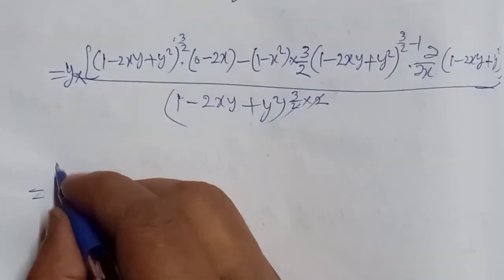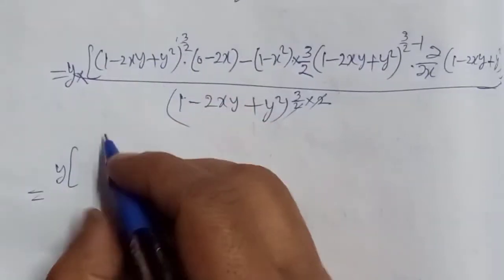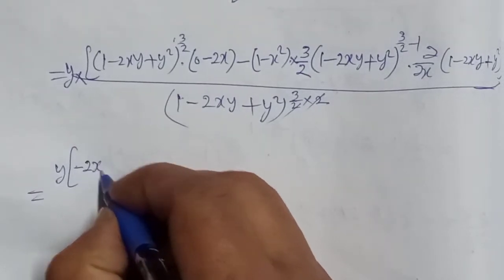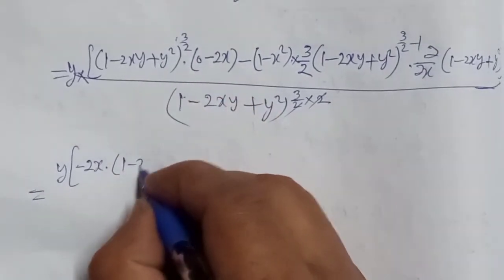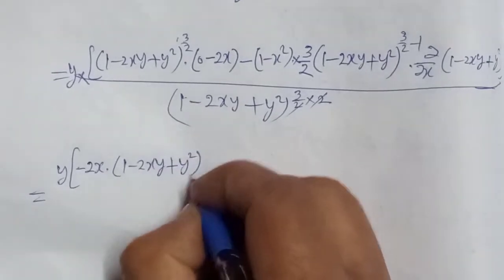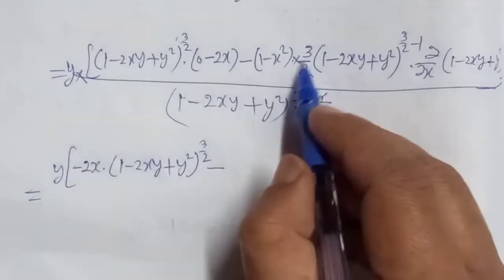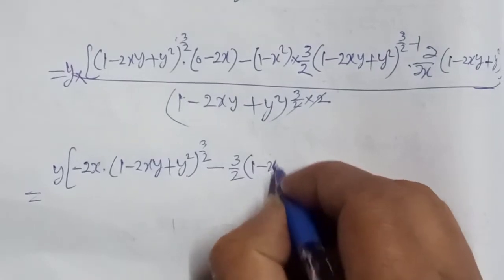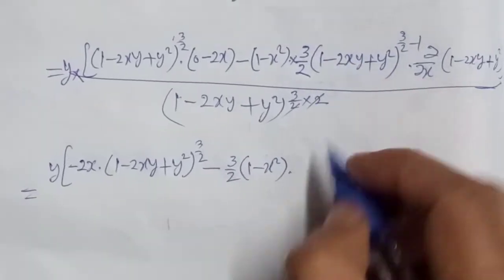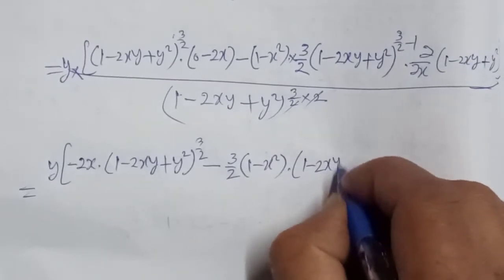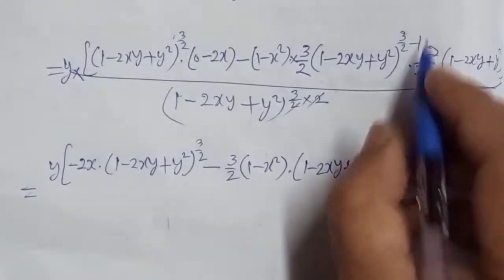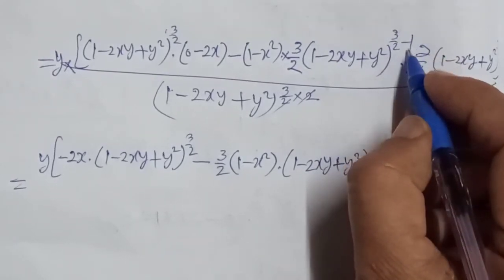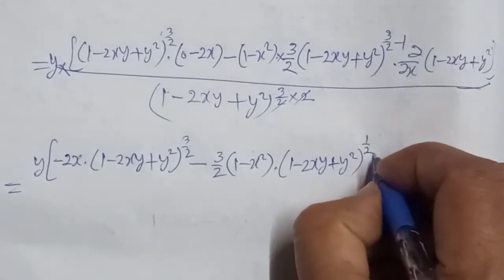After it, y, bracket start, I write minus 2x first, and then this 1 minus 2xy plus y square whole power 3 by 2, minus 3 by 2 first, and after it 1 minus x square, and this bracket 1 minus 2xy plus y square whole power 3 by 2 minus 1, so we get 1 by 2.